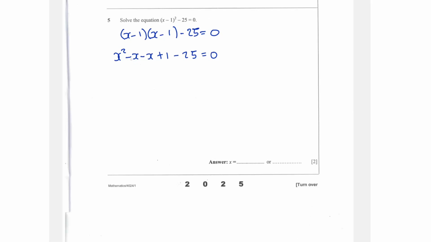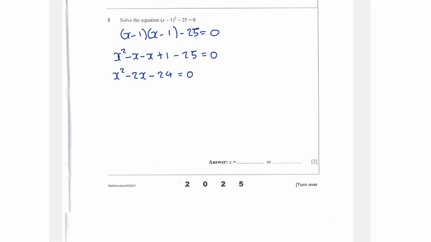So the negative x and the negative x, we can add them. We write x squared, and then the negative x minus x, what we have is negative 2x. And don't forget about the 1 minus 25. It will give us negative 24 and then equal to 0.